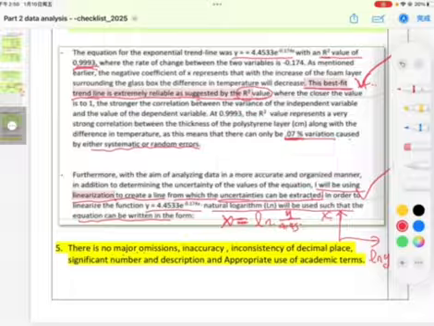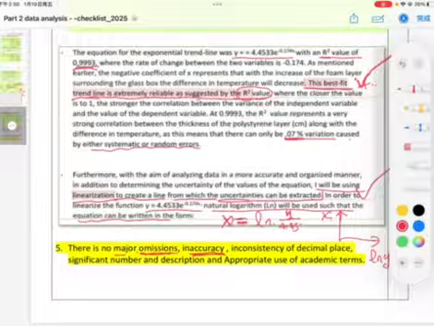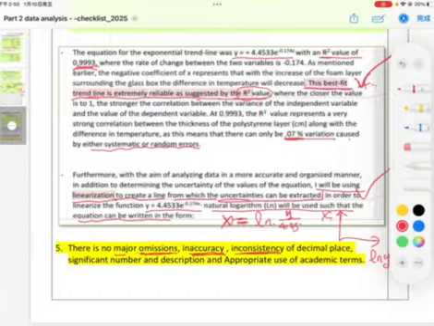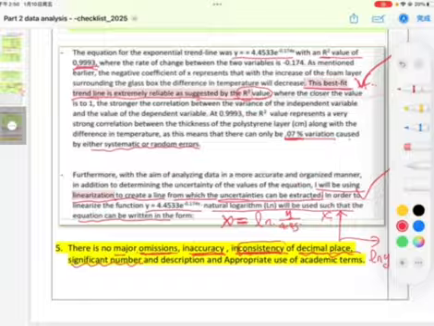So after you have completed it, just use this checklist to check whether there are any omissions, inaccuracies, or inconsistencies. Make sure that you use the same terms and the same symbol to represent the same quantity, right? Same decimal places, same significant figures. So make it consistent in the entire report, and try to include everything that is important so there are no omissions.